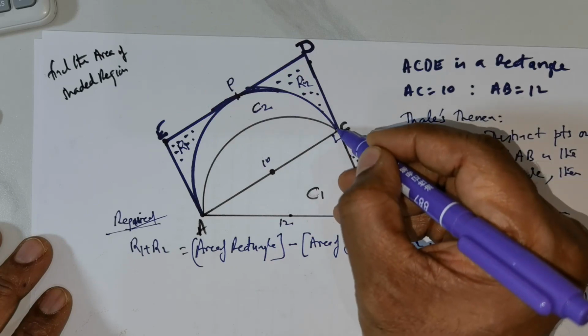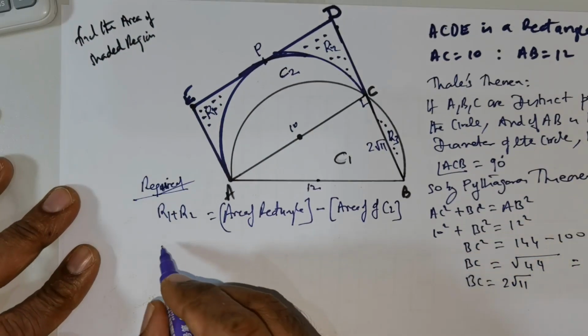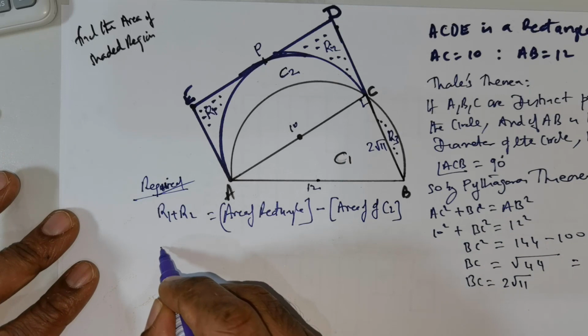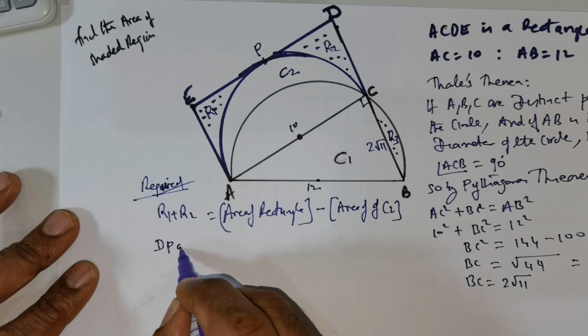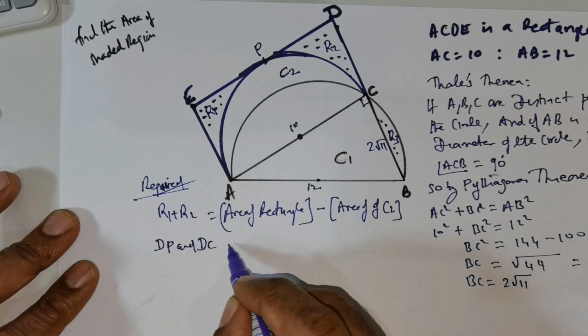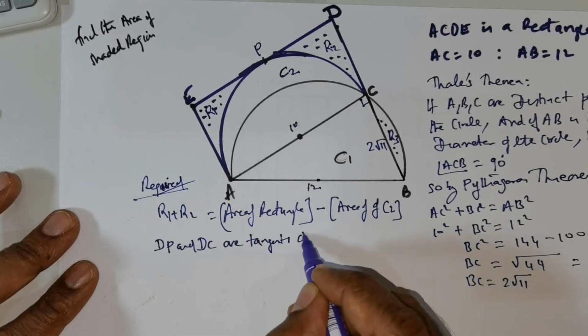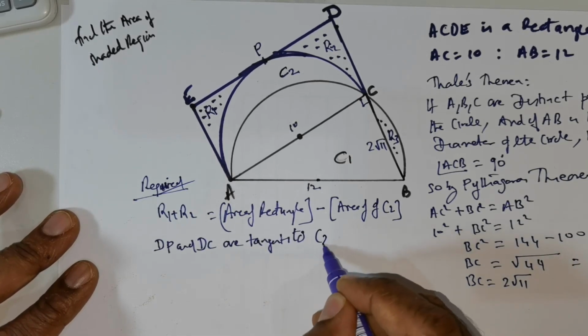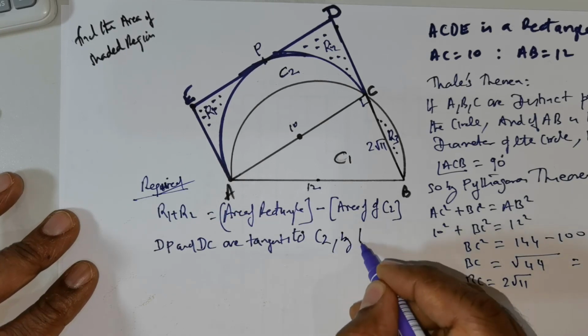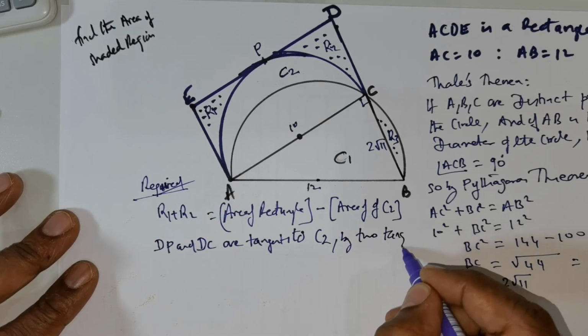So there is a tangent here and there is a tangent here. So let me state that DP and DC are tangents to C2 by two tangent theorem.